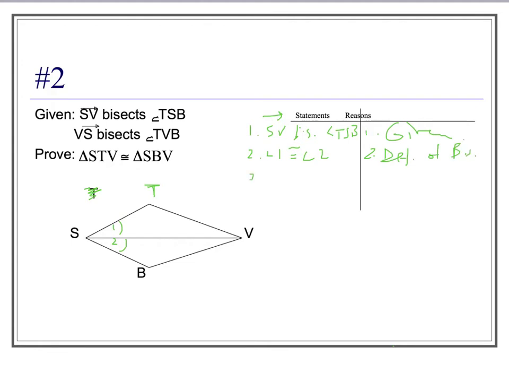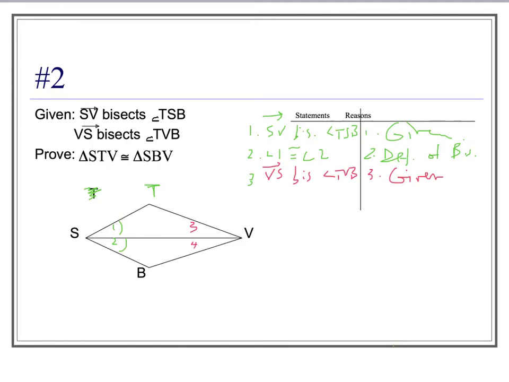Third step, we're going to go to our second given. Ray VS bisects angle TVB. Examine the diagram. Figure out what that tells us. Hopefully you understand.